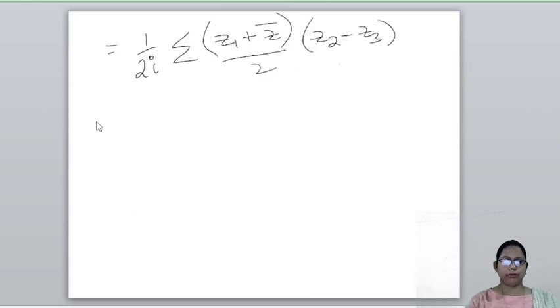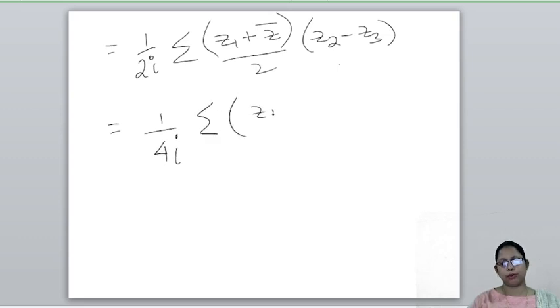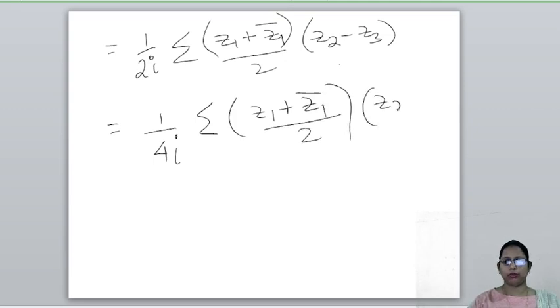As 2 is constant, 2 can be taken outside the summation symbol, so it is equal to 1 by 4i summation of z1 plus z1 conjugate, with the 2 taken outside, times z2 minus z3.